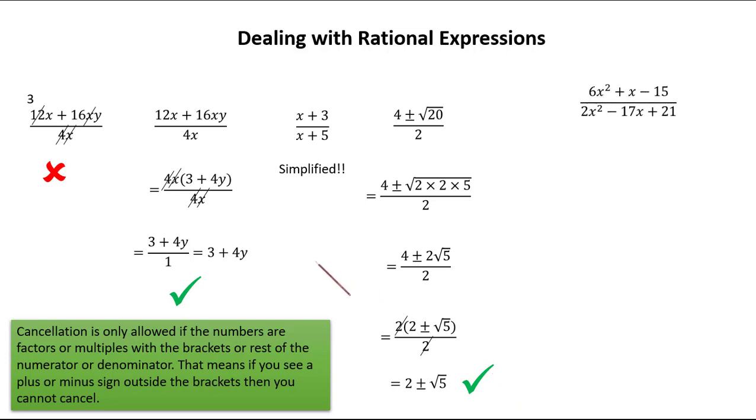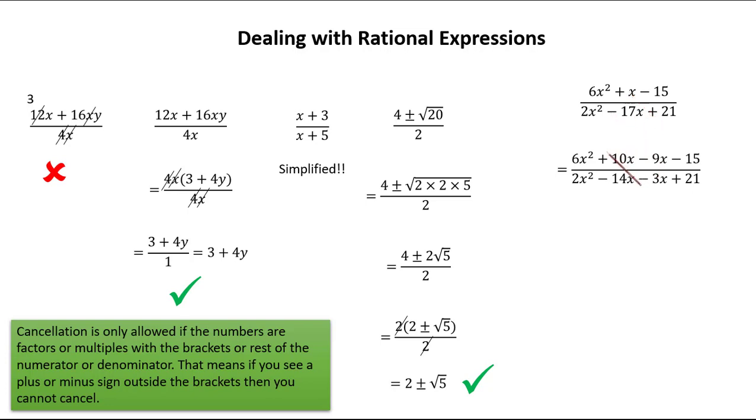And what about this? 6x squared plus x minus 15 the whole upon 2x squared minus 17x plus 21. Can we cancel the x squares? No, because there is a plus or minus sign outside the bracket. Can we cancel 2 and 6? No, because 2 is being multiplied with x squared, but the 2x squared itself is being added or subtracted to the rest of the part. But we can of course factorize this.